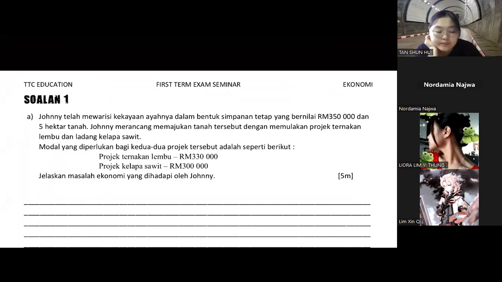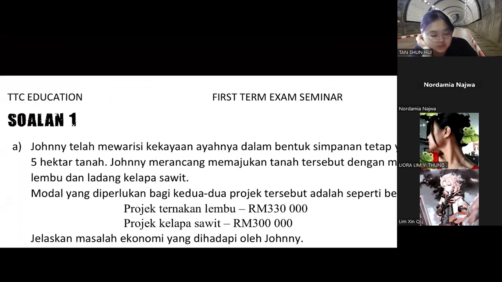Now in your SPM, you will have kertas satu and kertas dua, right? Kertas satu is 40 objective questions. Kertas dua is split into part A and part B. In part A, you will have 3 soalan, each of them 20 marks. So question 1, 20 marks, question 2, 20 marks, question 3, 20 marks.